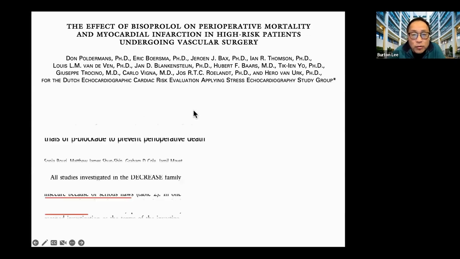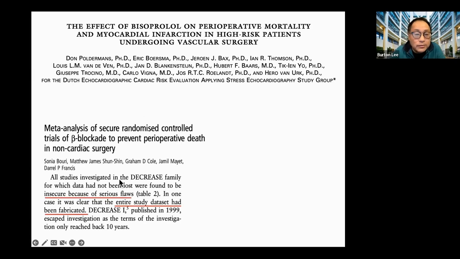Well, if you are not aware of this study, it actually turns out that this study was fabricated. This is not a common thing, fortunately, but unfortunately, it's not rare either, where data is fabricated. When they tried to look at the data, it turns out that there was no data set that they could find for this.